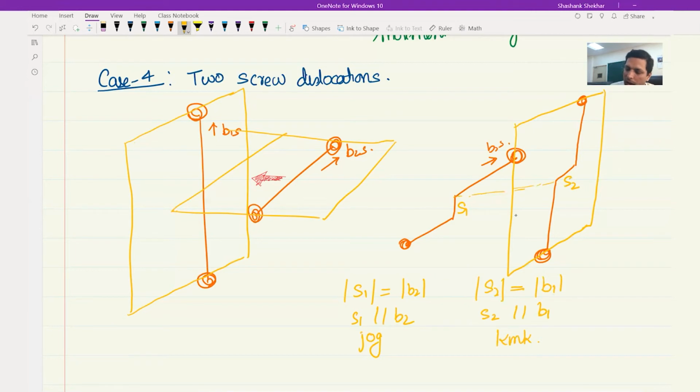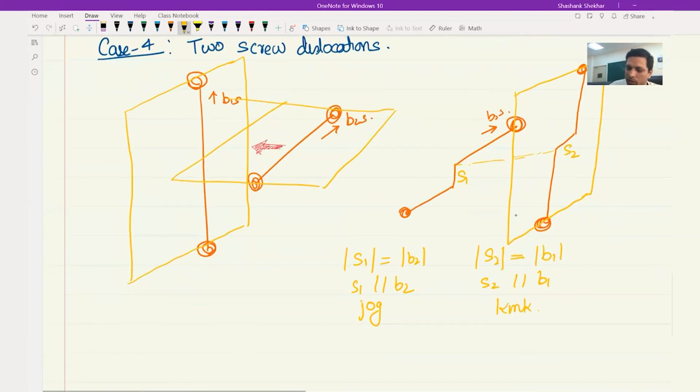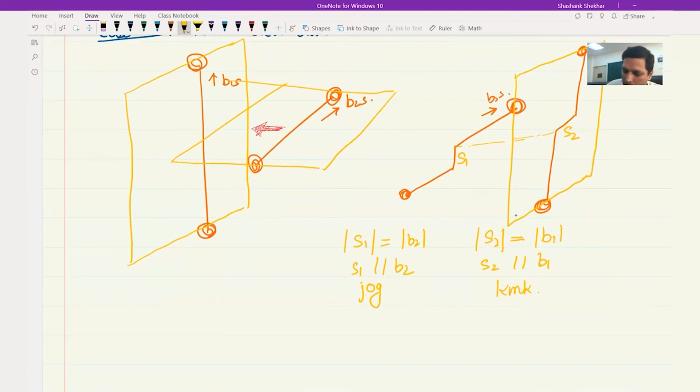And here, as you can see, there is the line dislocation, and this is the Burgers vector. So this is a jog, and it is also an edge dislocation type jog. And over here, there is line dislocation. This is the Burgers vector, and this is the line vector. So it will also be edge.